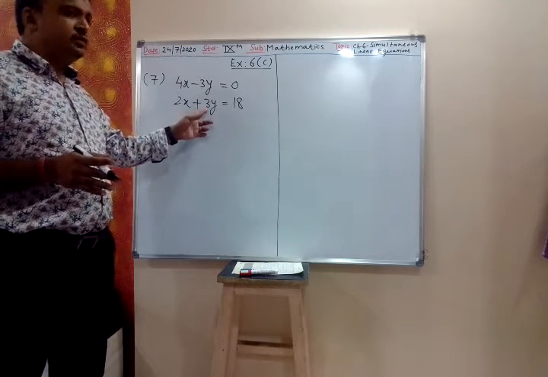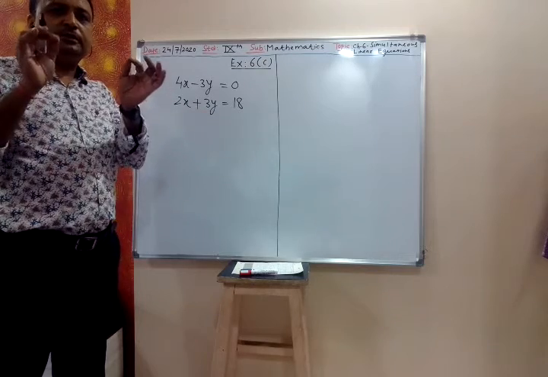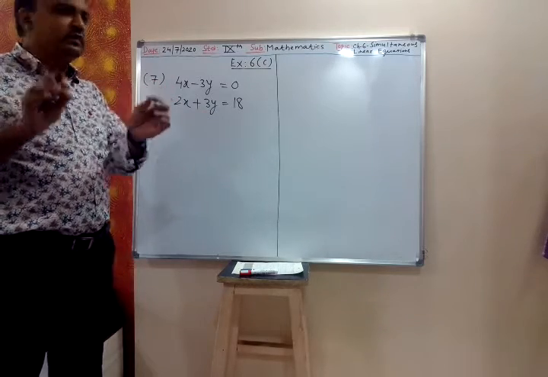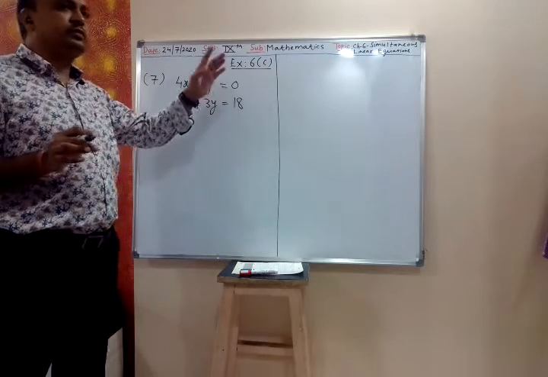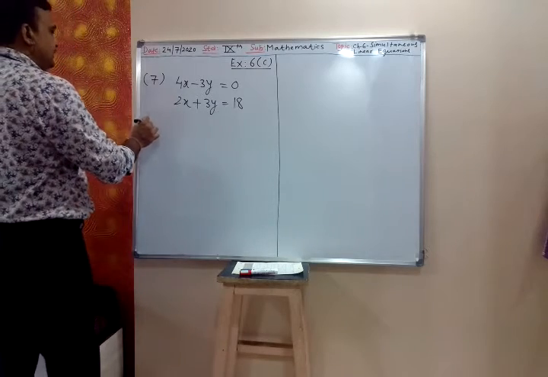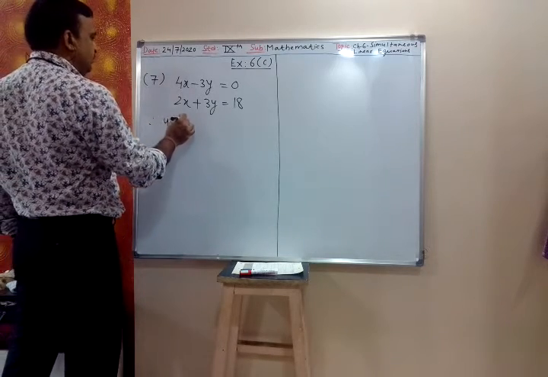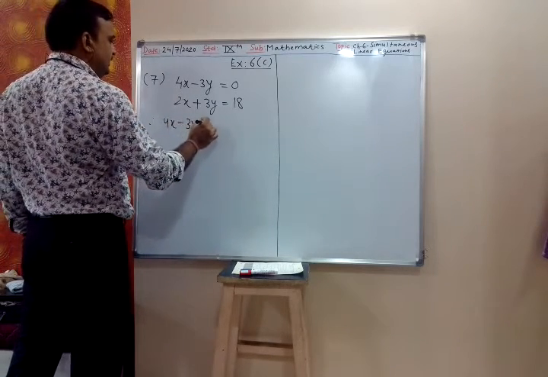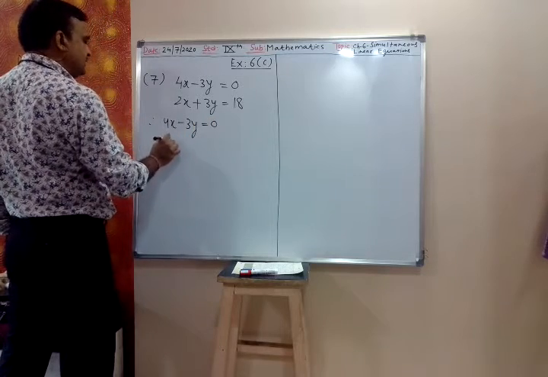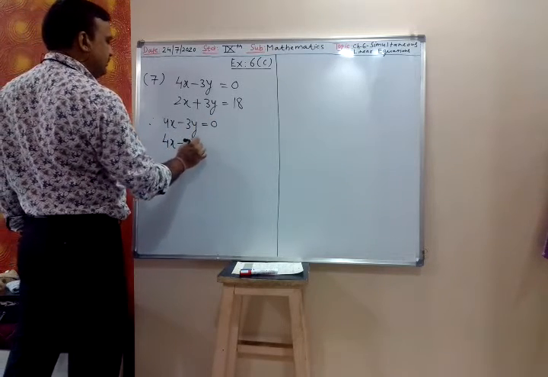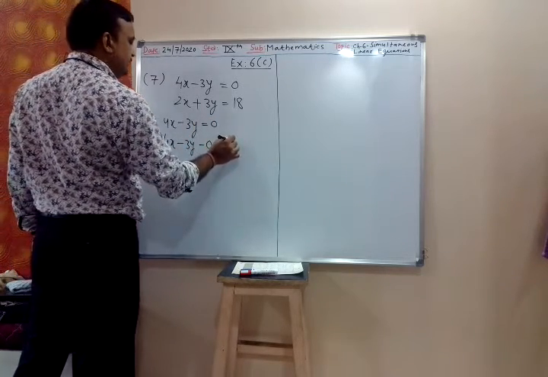Then write equation 2 in the form of a2x plus b2y plus c2 equal to 0 and get the values of a2, b2, c2. So first, 4x minus 3y is equal to 0, which I can write as 4x minus 3y minus 0 is equal to 0.